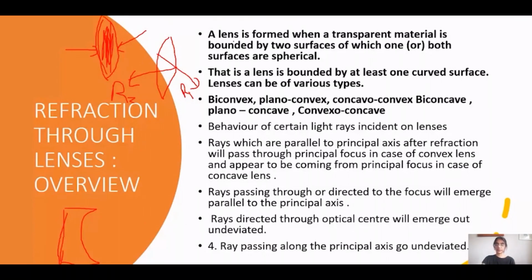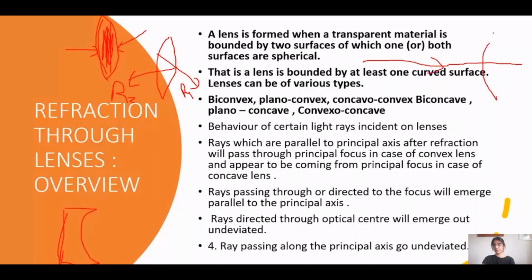Now, certain rays of light which are incident on lenses, we discussed in our previous classes or previous chapters. You know that rays which are parallel to your principal axis, after refraction will pass through the principal focus or appear to be coming from the principal focus. This is a certain ray of light which is traveling.